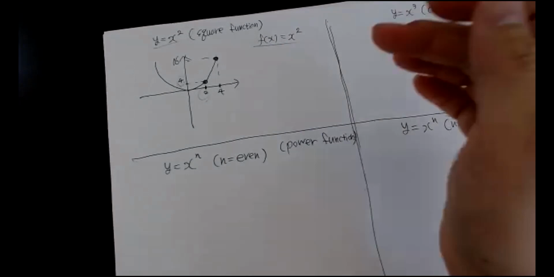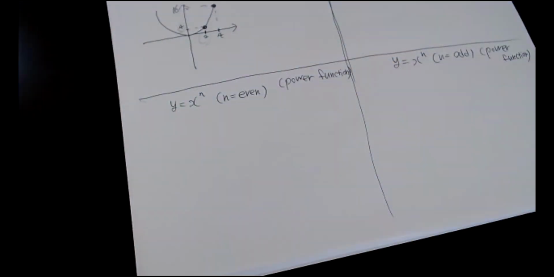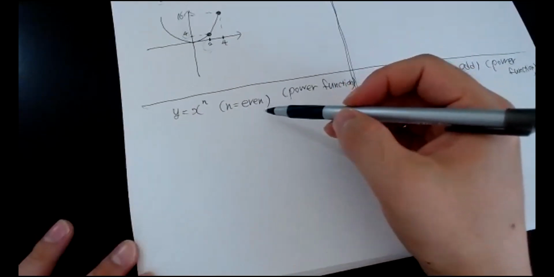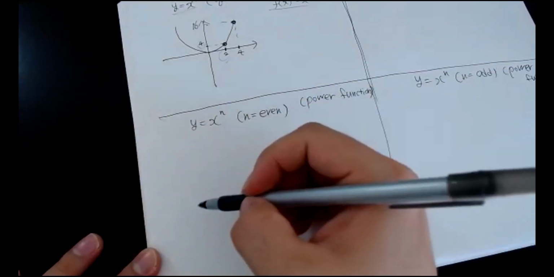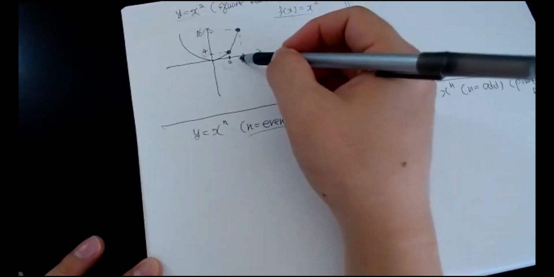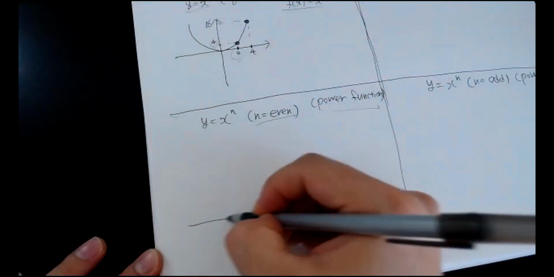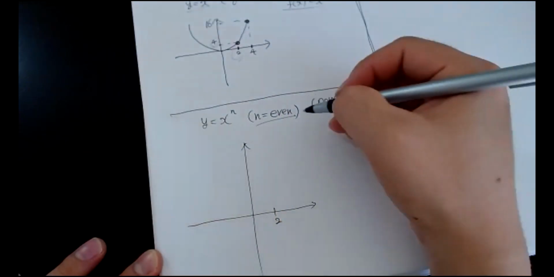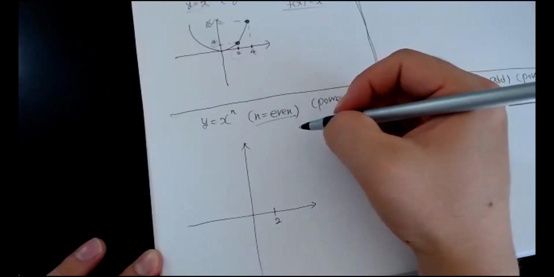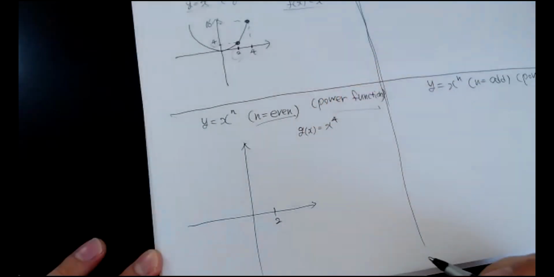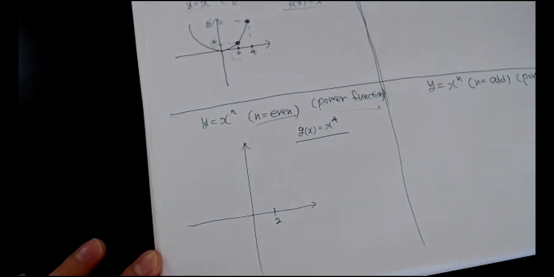Now let's figure out the graph of the power function when n is an even number. The graph of the power function when n is even is similar to the graph of the square function. But think about this: g of x is equal to x to the fourth power. This is one example of a power function. n is 4, an even number, right?